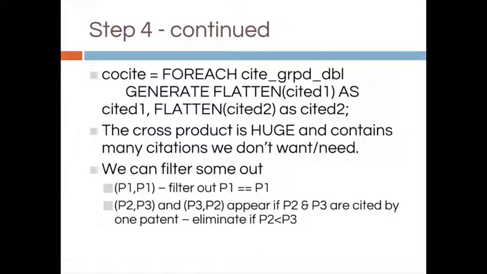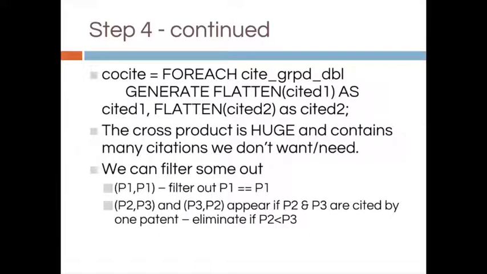So like we talked about, the cross product is a very big list, and it also contains many citations that we don't necessarily need. And this slide is sort of alluding to how we can possibly filter some of those unneeded citations out.